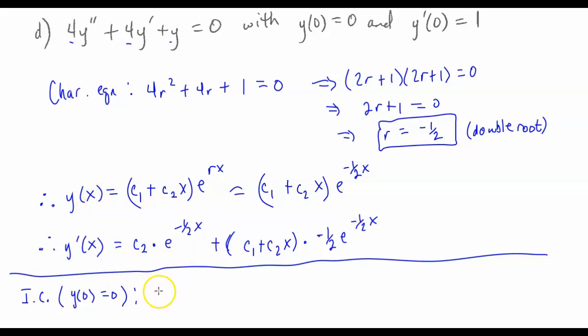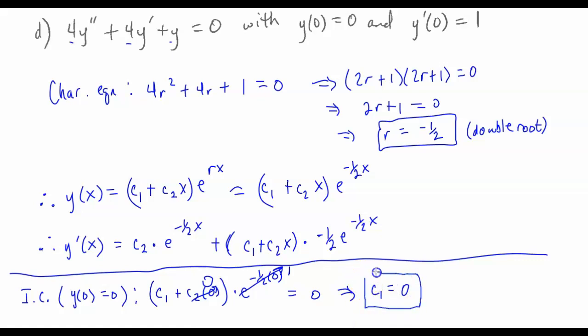And so this means that I'll have C1 plus C2 times 0, and all that is times e raised to the negative 1/2 times 0, and that is equal to 0. So if we do all that, of course, this second term here is 0. All of this is just 1. So what we end up with is C1 plus 0, which is just C1, that equaling 0. So we know what C1 is now.